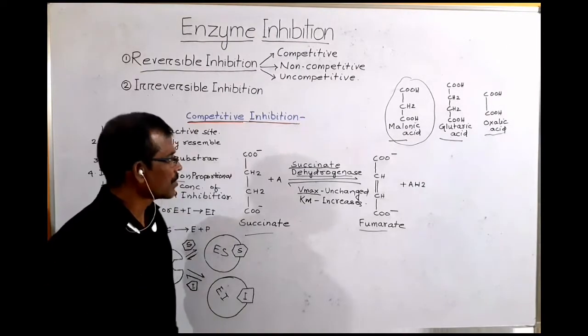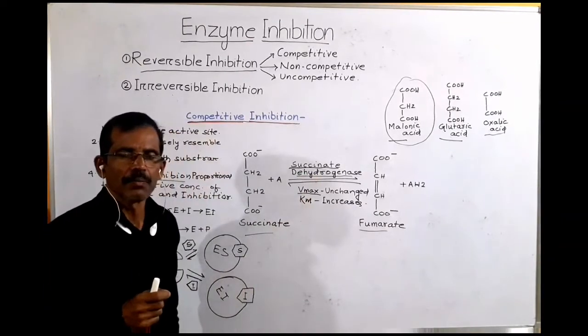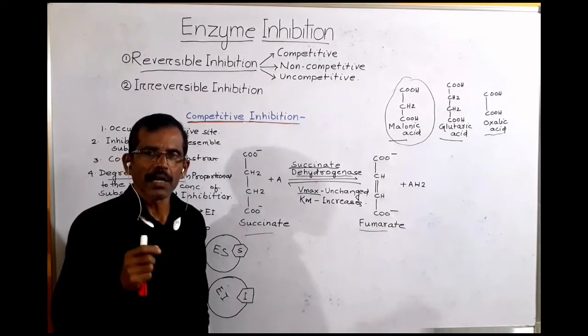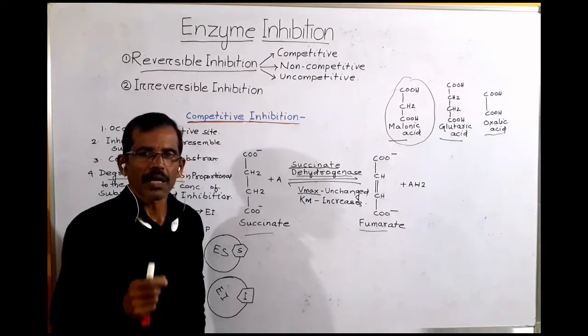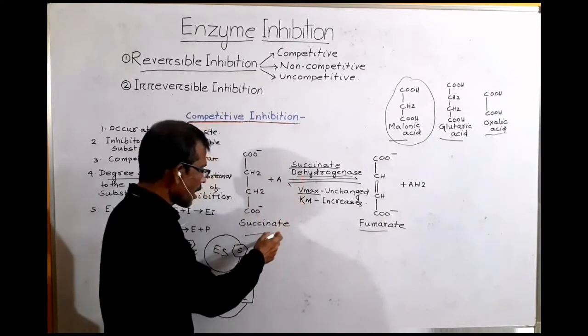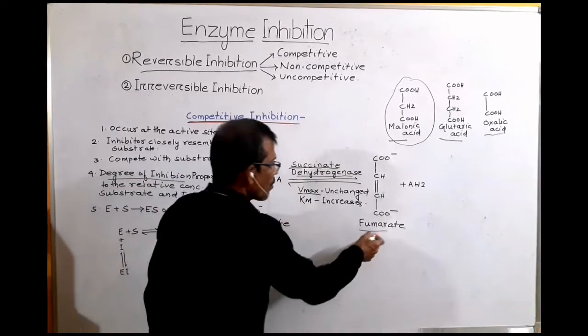Let us take some examples. Succinate dehydrogenase is an enzyme of the Krebs cycle. This enzyme supplies electrons to the electron transport system. Succinate dehydrogenase catalyzes the oxidation of succinate to fumarate.